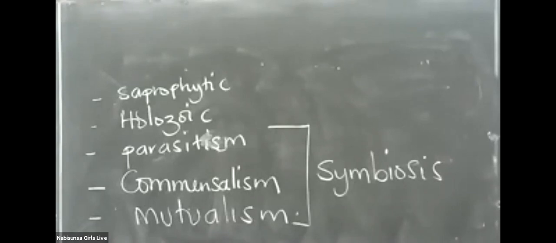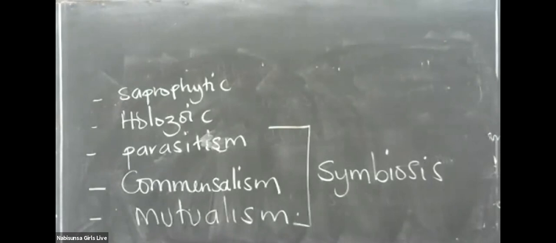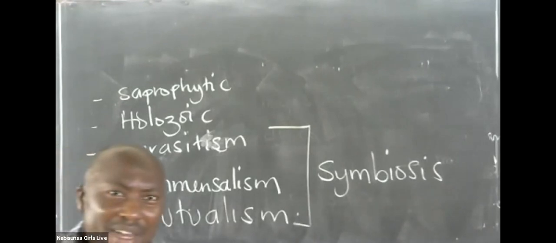Yeah, that's true, they are all connected. The commensalism and mutualism are somehow the ways how parasitism takes place. Okay, that is good.